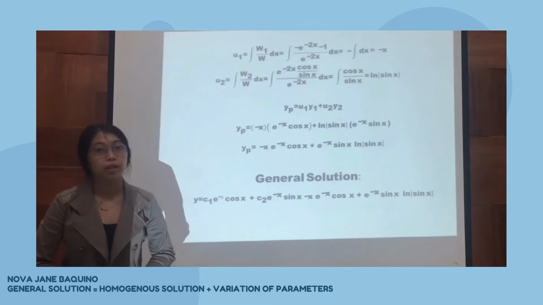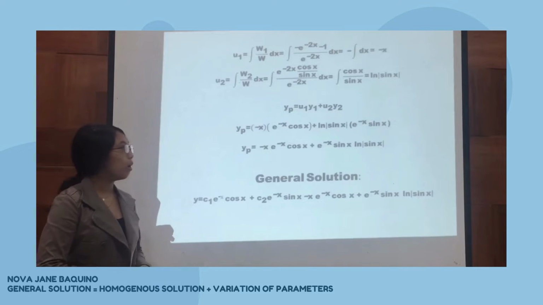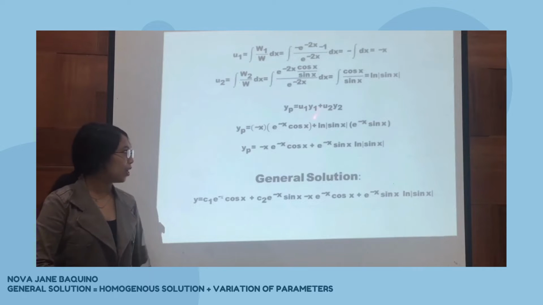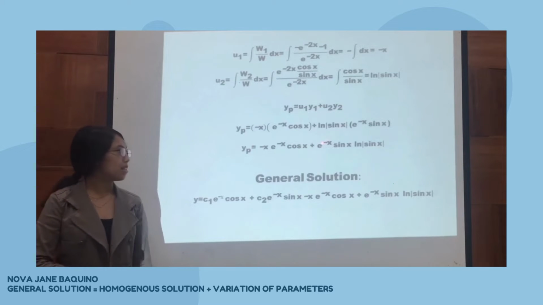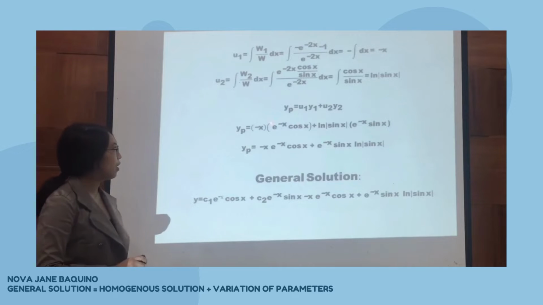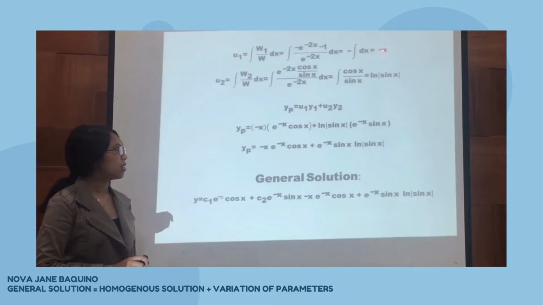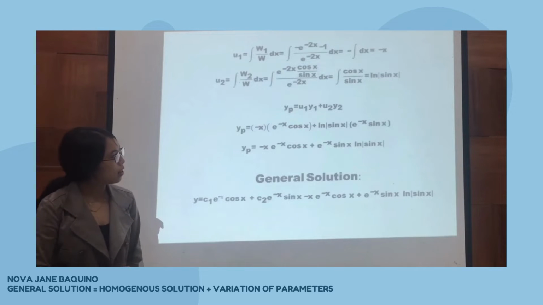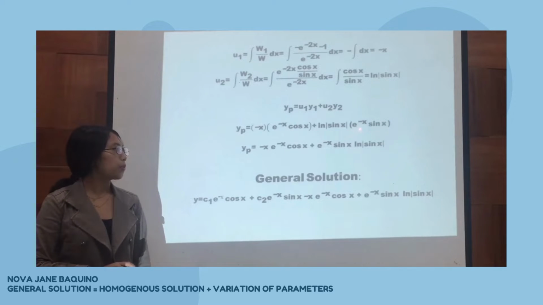So we have the formula for the particular solution, which is y sub p equals u sub 1 y sub 1 plus u sub 2 y sub 2. So we have the value of u sub 1, which is negative x, and the value of y sub 1, which is e to the negative x cosine x, plus u sub 2, which is ln sine x, and the value of y sub 2, which is e to the negative x sine x.